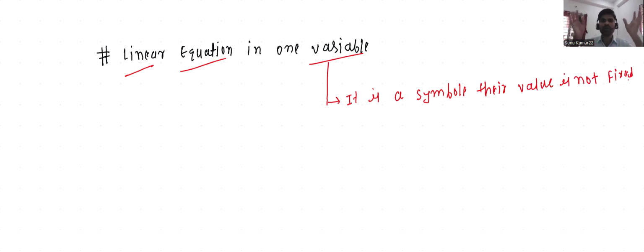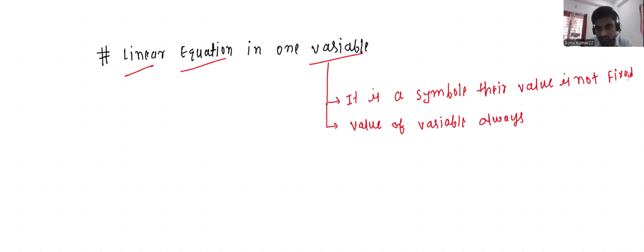There are so many variables. Variables mean their value is always changing. You can say here the value of a variable always changes.